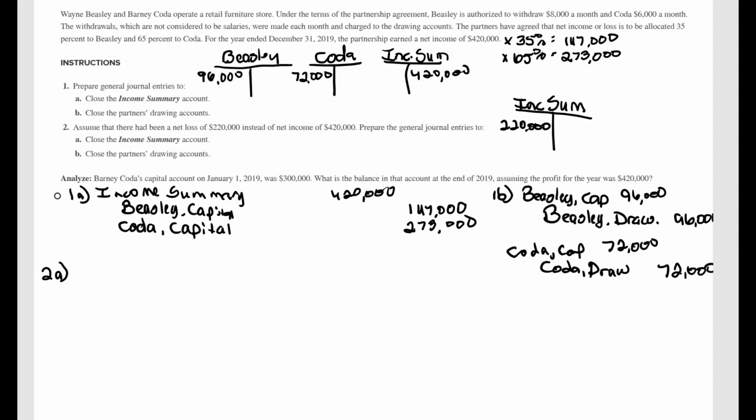And then take that multiply it by 35% to get the portion of that net loss that Beasley has to take on. Coda is 65%. He has to take on $143,000.